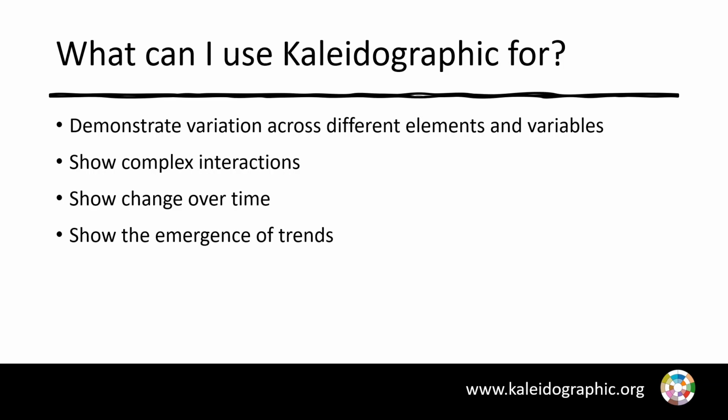And if your data is organized chronologically, you can show change over time by looking at the unfolding of your analysis as you watch the visualization play through all of your data. And again, also if your data is chronologically ordered, you can show the emergence of trends across the whole of your data.